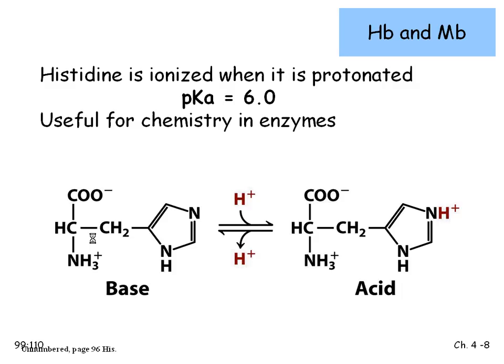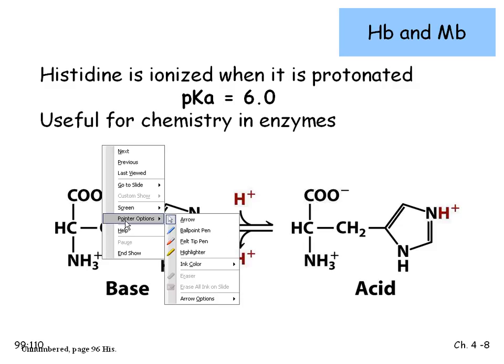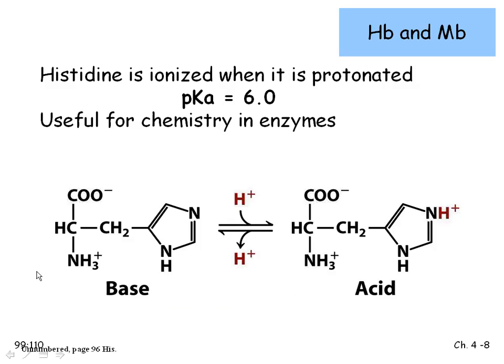Now, some of these amino acids have side chains that do interesting things, and so we find them in certain places over and over again. Histidine has both an ionized and an unionized form. I drew it initially here.